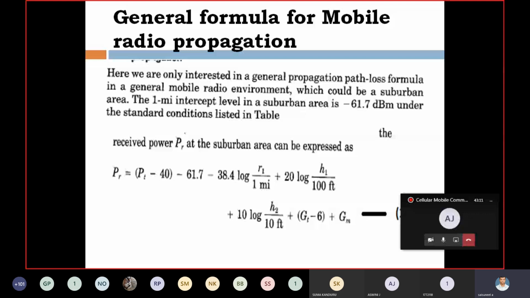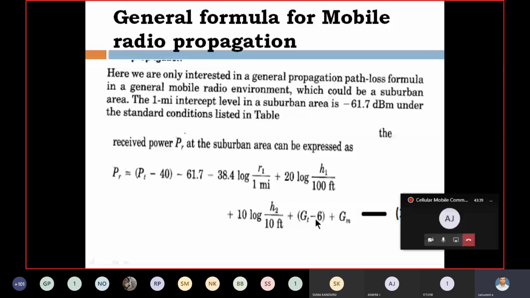Now the received power is PT minus 40 minus 61.7 minus 38.4 log R1 by 1 mile, where R1 is the distance you increase or decrease, plus 20 log H1 by 100 feet, plus 10 log H2 by 10 feet, plus GT minus 6 plus GM.